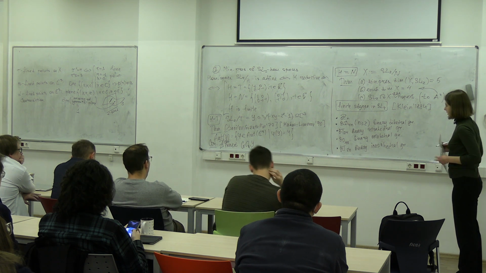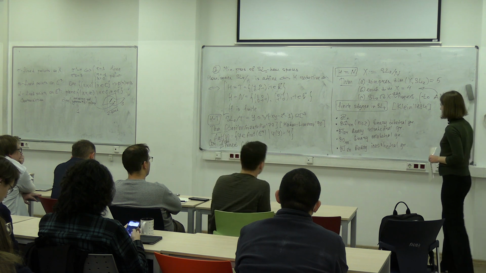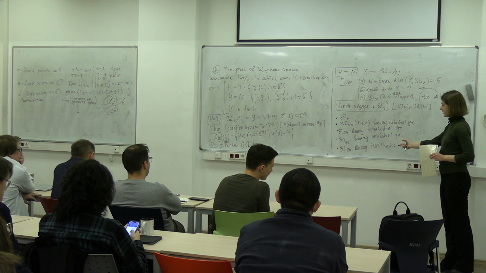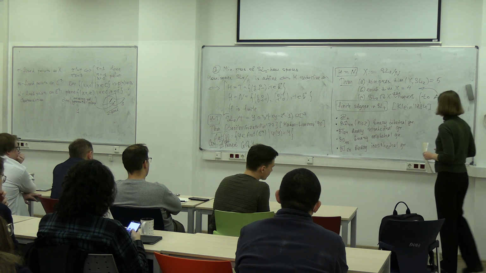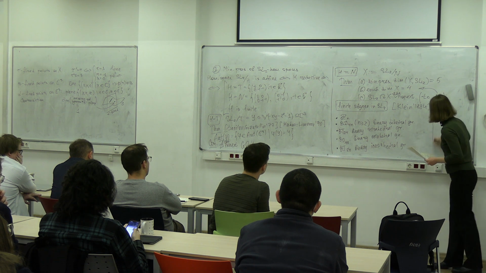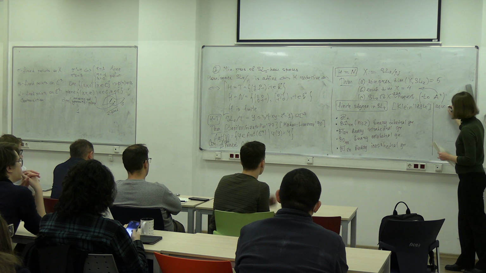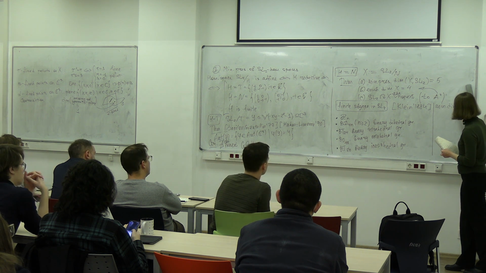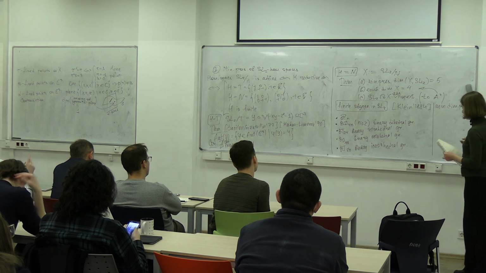Then the author constructs minimal presentations for the homogeneous spaces of these subgroups. Maybe I will give the minimal presentation dimension for them right now. Here we have the following cases.